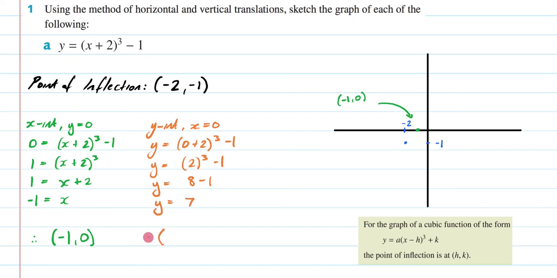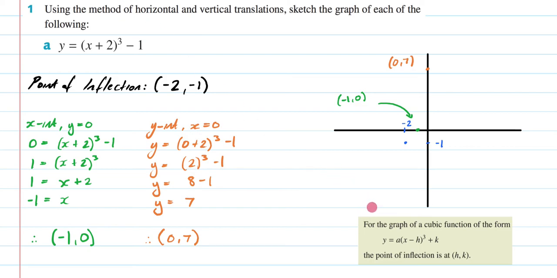So therefore, it is going to be 0, 7. Now we can come over here and we can put that in. So it's going to be really high up, like up here. 0, 7.